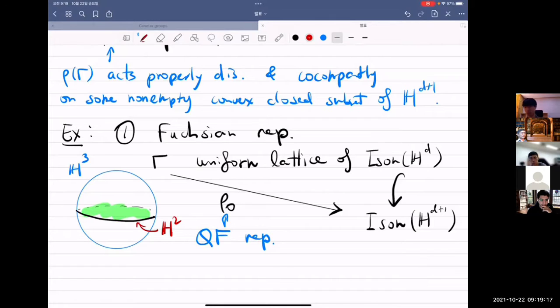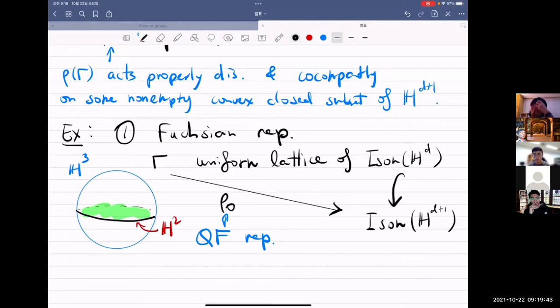This group acts properly discontinuously and co-compactly on H^2, which is convex and closed in H^3. So these Fuchsian representations are of course convex co-compact.